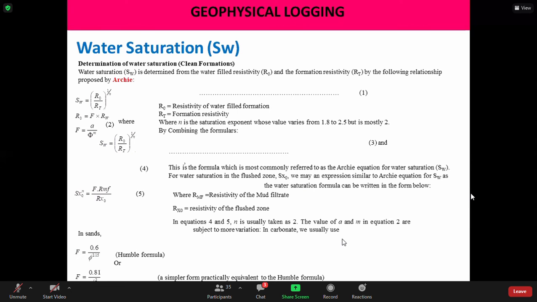Total porosity is the total void space, which includes the isolated pores and the space occupied by clay-bound water. Okay, to break it down, we can say the connected and the non-connected pore spaces.